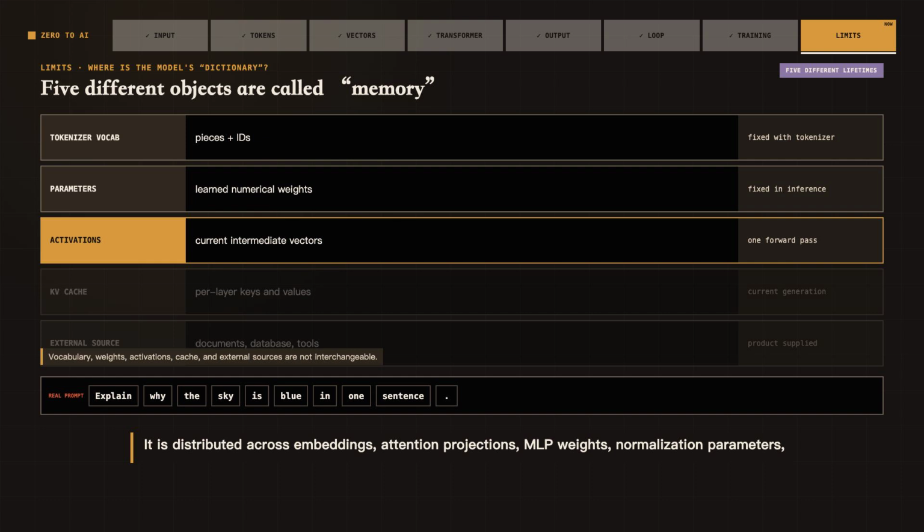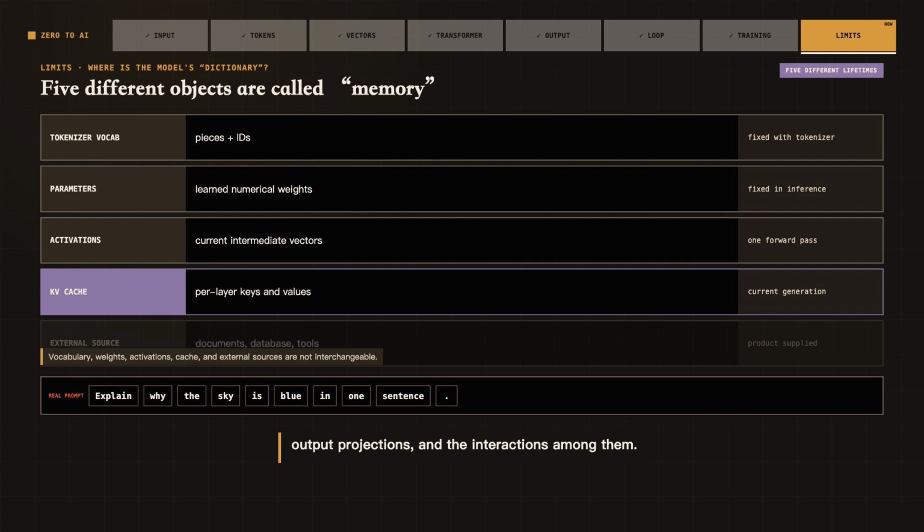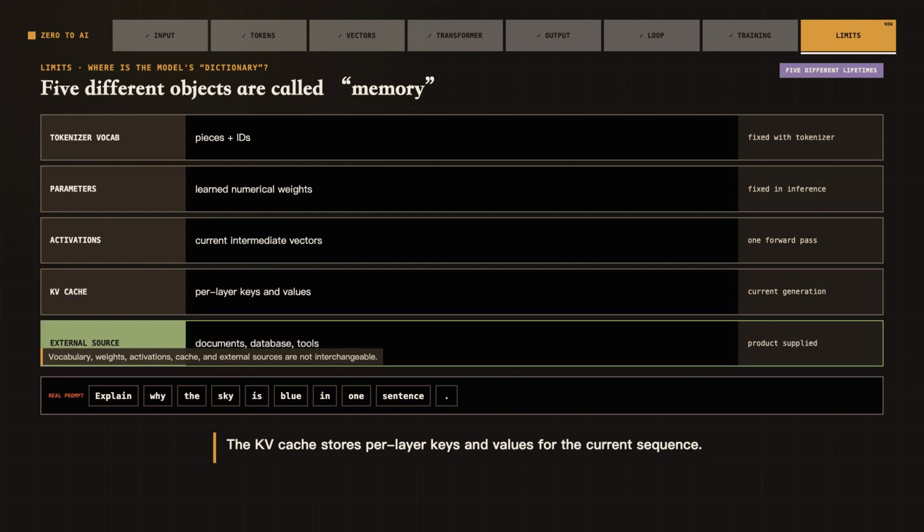It is distributed across embeddings, attention projections, MLP weights, normalization parameters, output projections, and the interactions among them. The current prompt is stored separately as token IDs and runtime activations. The KV cache stores per-layer keys and values for the current sequence. Retrieved documents or tool results come from outside the base model. Calling all 5 of these memory hides more than it explains.